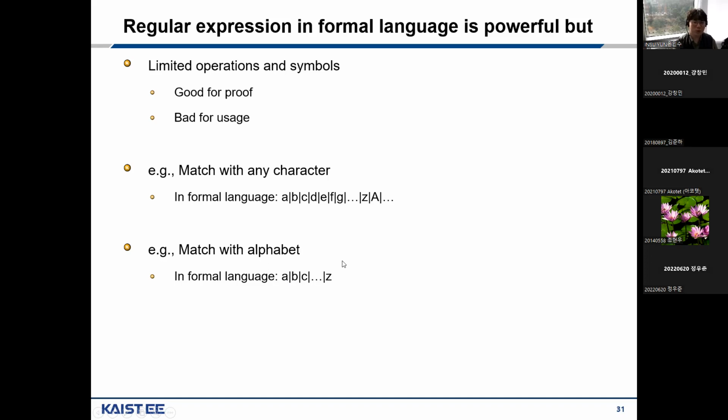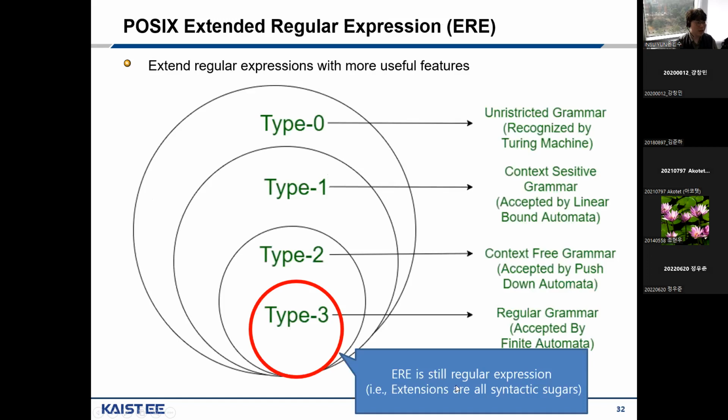So what they did is that they made ERE. ERE is the POSIX extended regular expression. This is still within the regular expression boundary, so this is still regular expression. All the extensions here are syntactic sugar.